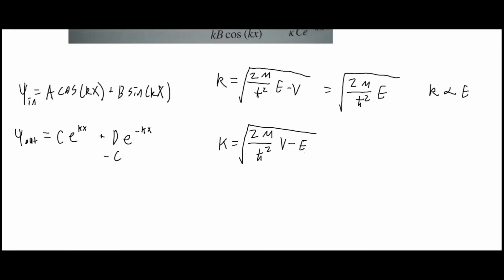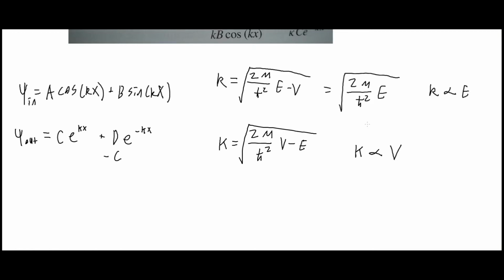But since the energy is not changing here, then we say that kappa is going to be proportional to our V here.